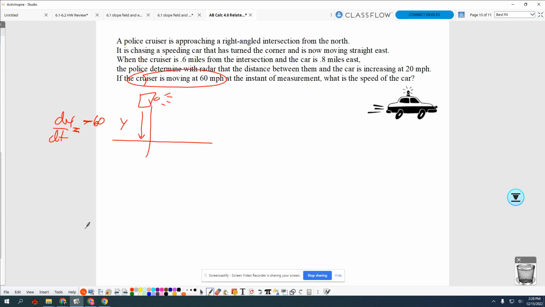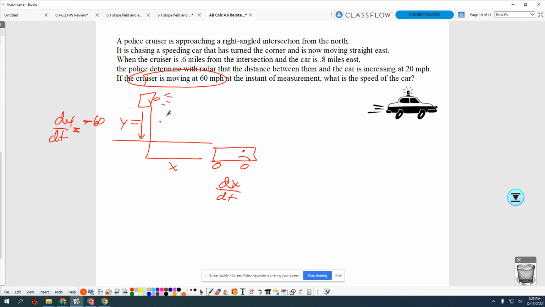And then the bad guy car. Where is he going? He's going east. That way, bad guy car. And we want to know how fast the bad guy car is getting away. This is x.